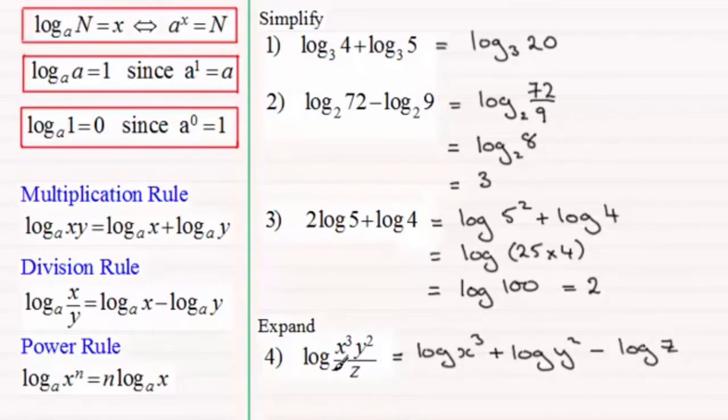Now I haven't written the base here, so technically it's base 10, but whatever that base were, it would be the log in that base all the way through. Now I could use the power rule on this term and this term here. For the first term, bring the 3 out the front and we have 3 log of x. And for the second term, it's going to be plus 2 log of y. And the last term just stays as minus the log of z.